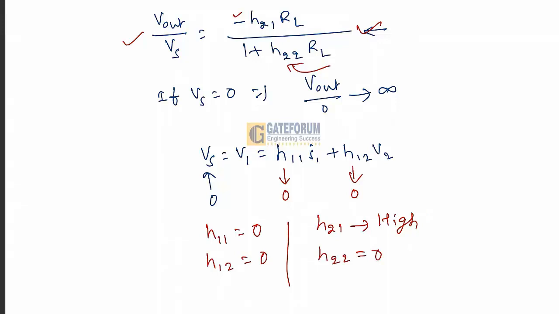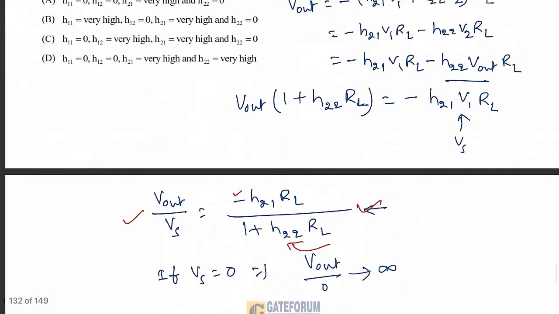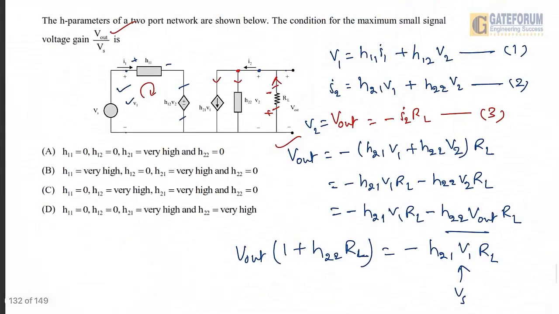So we got H11 is equal to 0, H12 is equal to 0, H22 is equal to 0 and H21 should be high. Now we'll check it with the options. In option A, H11 is equal to 0, H12 is equal to 0, H21 is very high and H22 is equal to 0.